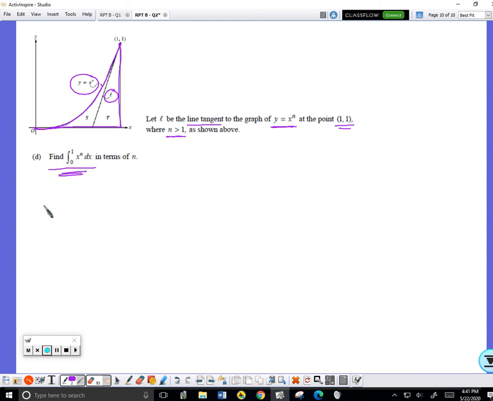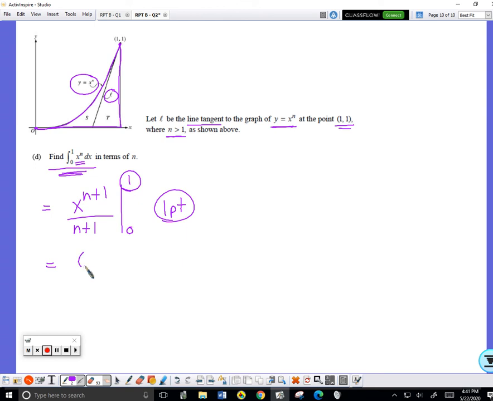So let's see. The antiderivative of x to the n, straight off the golden notes, is x to the n plus 1 divided by n plus 1, evaluated from 0 to 1. If I get that far, they give me 1 point. Keep going. So this would be, let's see, you plug in the 1.